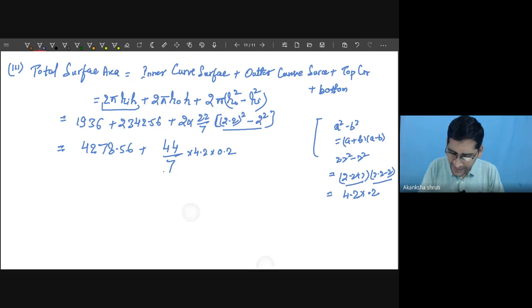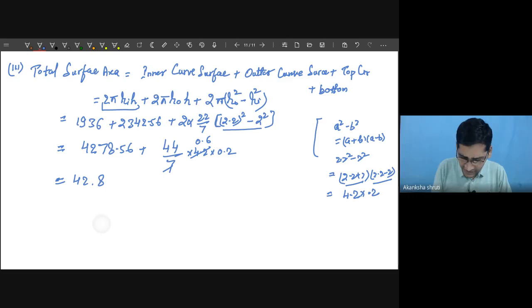This helps us in cancelling the denominator. So it becomes 0.6. So it becomes 4278.56 plus 44 into 0.12, since 6 into 2 is 12. So go for simplifying this.